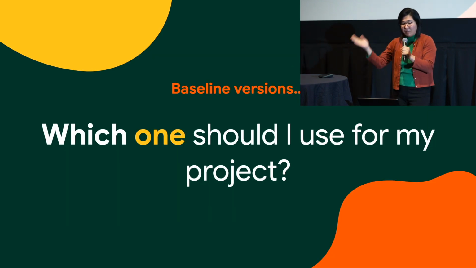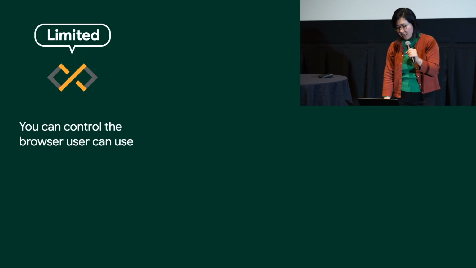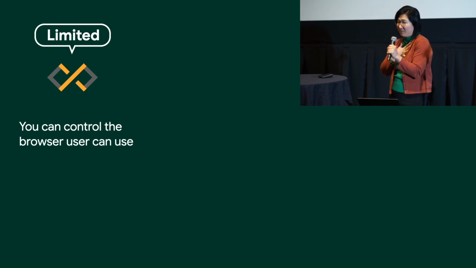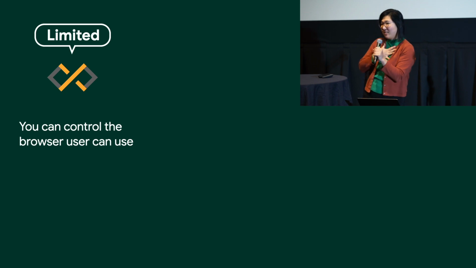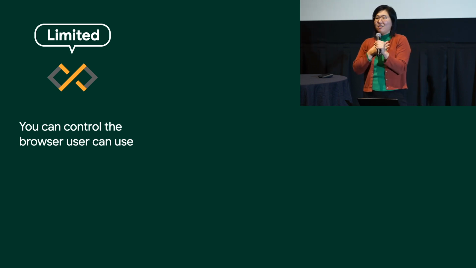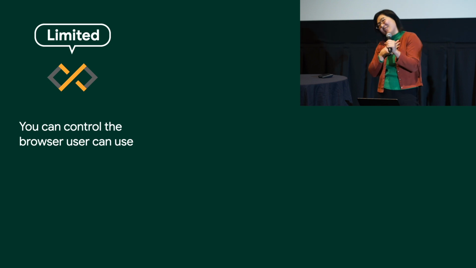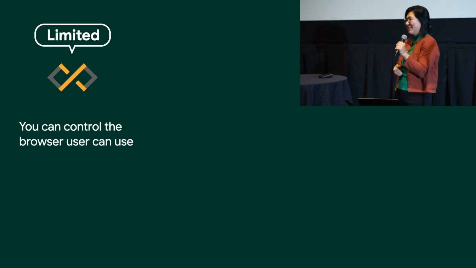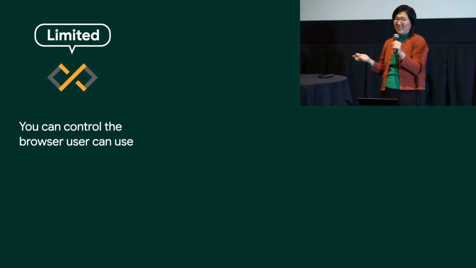So you get the idea about the blue check mark and green check mark, but which one should you use for your project? If you can control the users, I talked to an enterprise developer who I used to work with, and I asked, do you think these are important or useful? And he was like, yeah, in theory, but I can control my users. I can tell exactly which browser to use to my users. So as a work matter, I don't really need it, right?